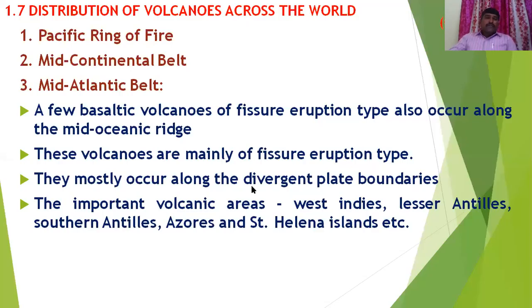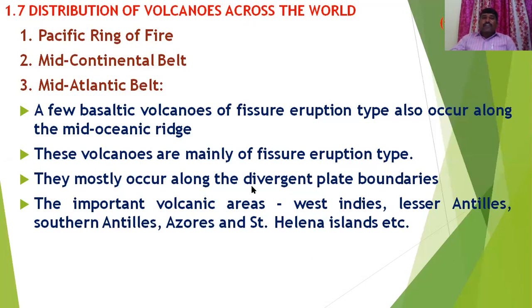And another distribution belt of volcanoes is the mid-Atlantic volcanoes belt. A few basaltic volcanoes of the fissure eruption type also take place along the mid-oceanic ridge where the sea spreading is also in progress. These volcanoes are mainly of fissure eruption type.